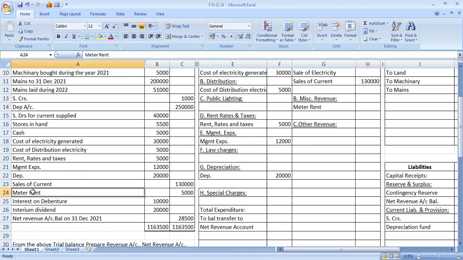Then meter rent goes to the revenue account credit side under the heading of miscellaneous revenue. Amount is 5,000. Then interest on debenture, 10,000, goes to the net revenue account debit side.